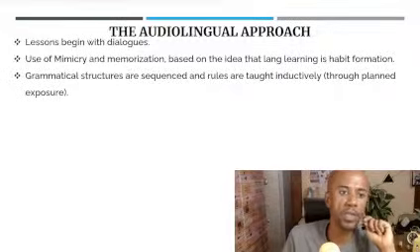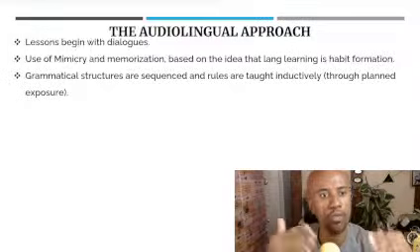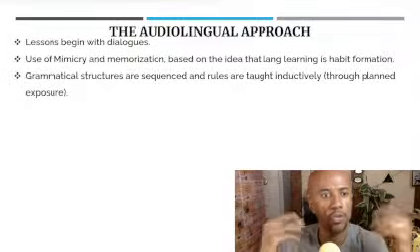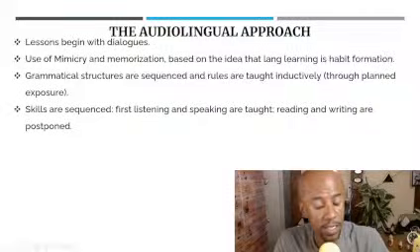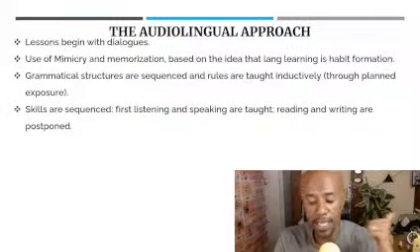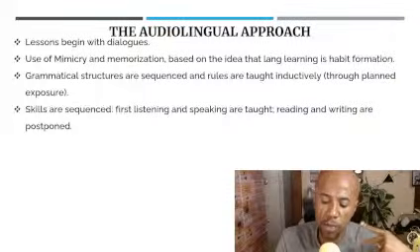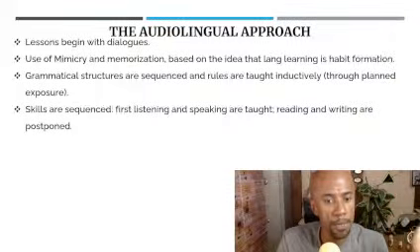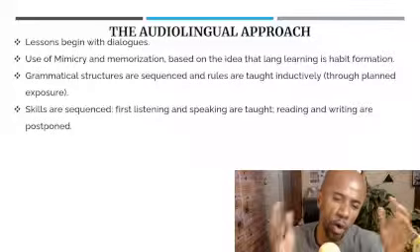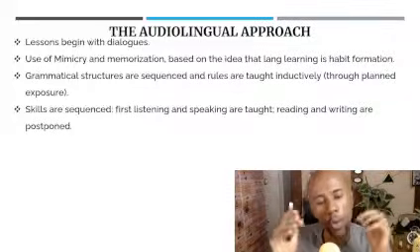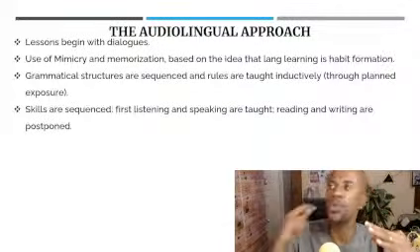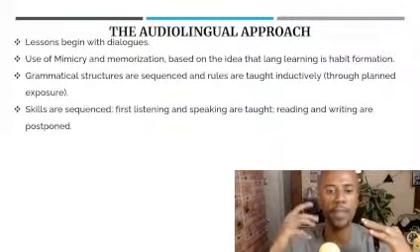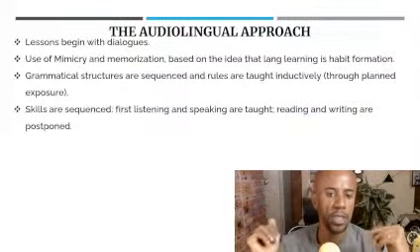Now, grammatical structures are sequenced and rules are taught inductively through planned exposure, of course. Now, the next thing, skills are sequenced. First, we have listening and then speaking, and then comes reading and writing, which are a bit postponed. And so here with the audiolingual approach, it's a bit different from the others because it tries to have some kind of a balance in terms of the skills.